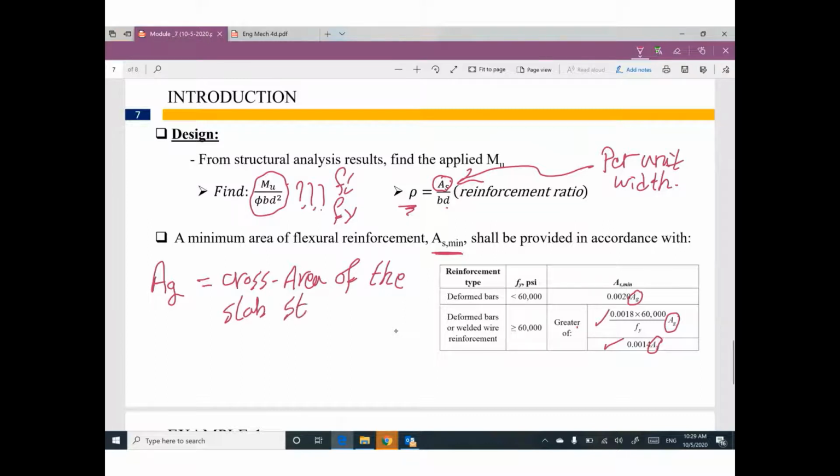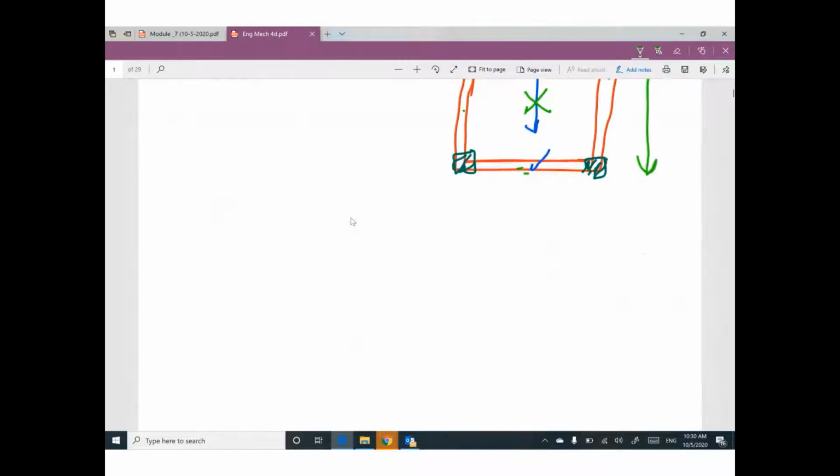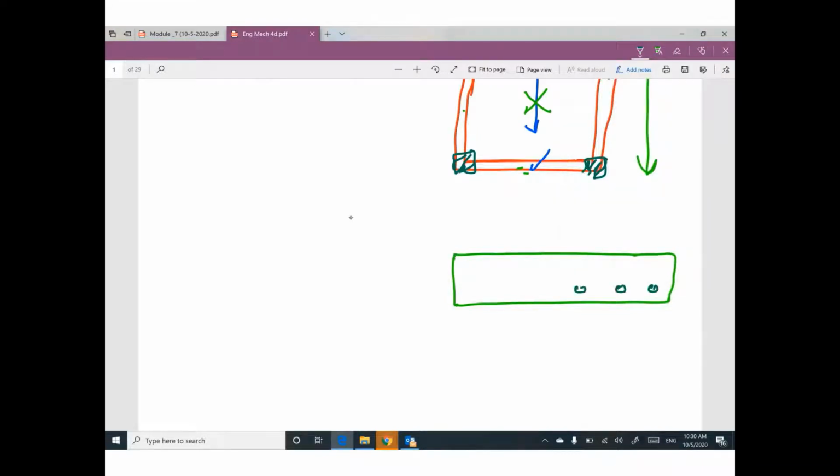You remember? We have a strip with unit width, which is 12 inch, and the overall depth, which is h. If you multiply this term by this term, this area can be called area gross. We have another area? Yeah, probably here is a cross section of the strip. After you put your reinforcement in this unit width, we have something here called depth.